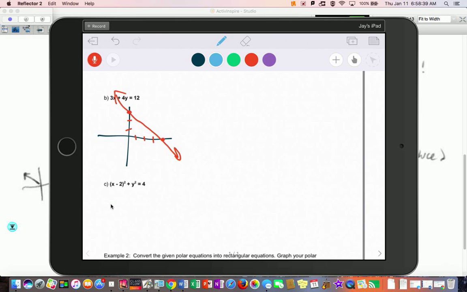So we kind of start with the same. Another name for x is r cosine of theta. And another name for y is r sine of theta. And again, both terms have an r, so I can just factor that out.